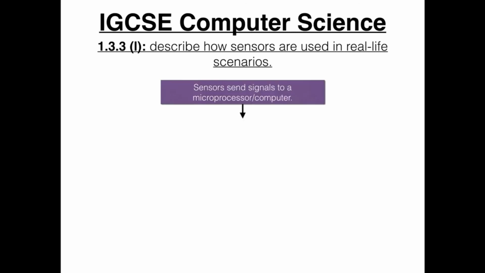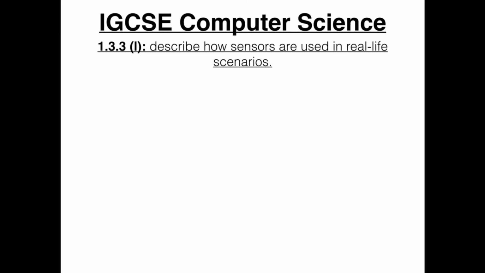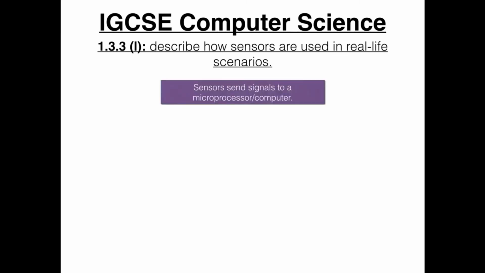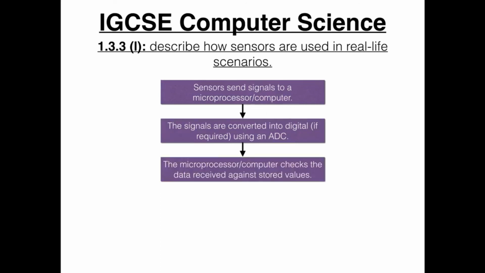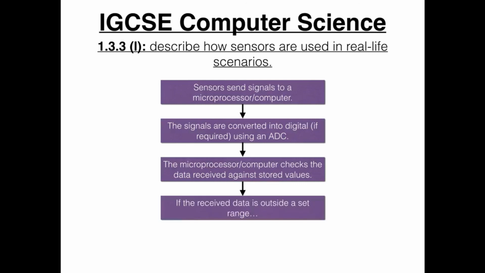So this is the basic process of sensors in a microprocessor. Sensors send signals to a microprocessor or computer. Signals are converted into digital, if required, using an ADC. The microprocessor or computer checks the data received against stored values, and if the data received is outside a set range, that is the stored values, then two things can happen.